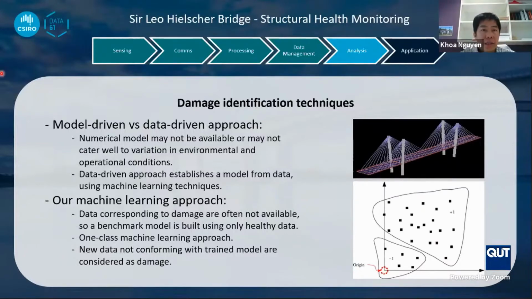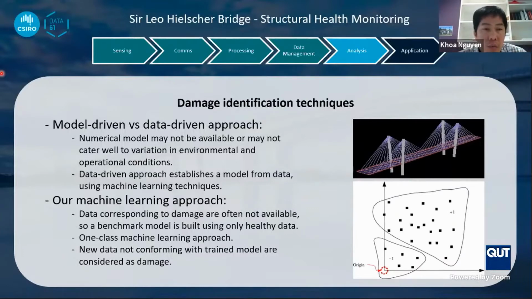Okay, thanks. Most of the effort from the engineering side utilizes finite element modeling for damage detection, where the data from the model are compared with the sensing data. However, the numerical model may not always be available, or it may not adapt well to changes in environmental and operational conditions.